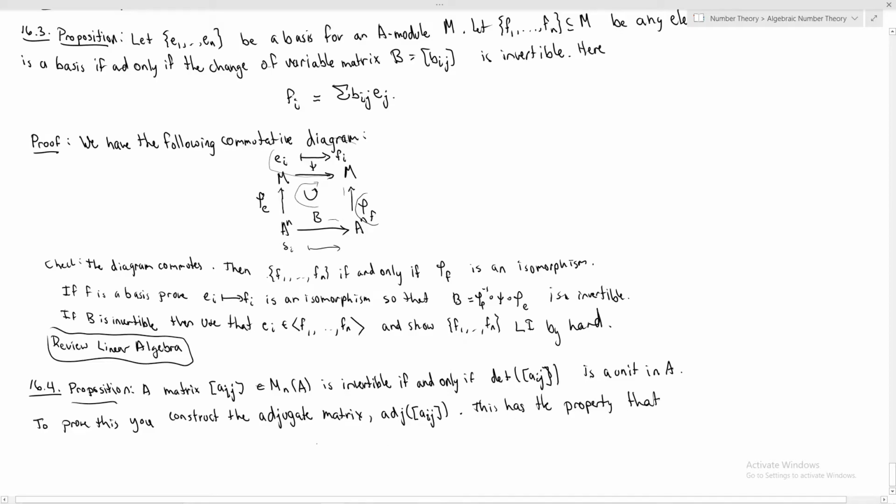So what is important about this? Basically, when I multiply a matrix by the adjugate, I get the determinant. So it doesn't matter which order I multiply them in.